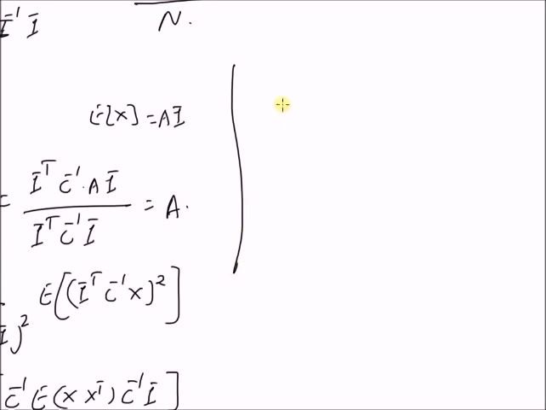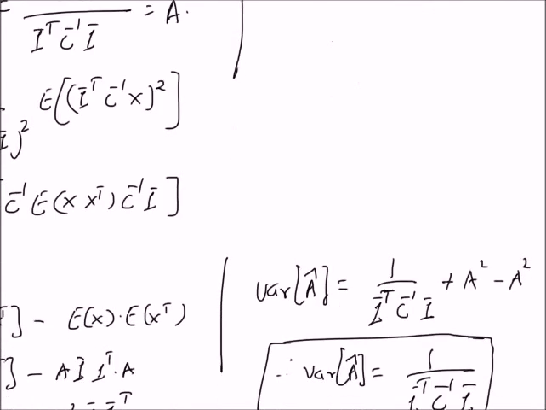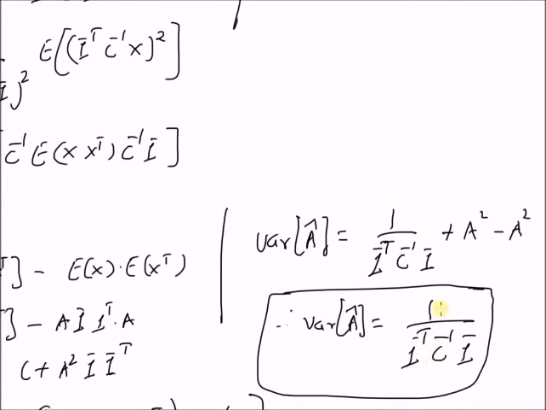Now from a previous video, we derived that the variance of the estimator A hat for a linear model A into 1 bar plus W is given by the CRB, 1 by 1 bar transpose C inverse 1 bar. And in this video we clearly derived that the variance is actually equal to the inverse of the product 1 bar transpose C inverse 1 bar.